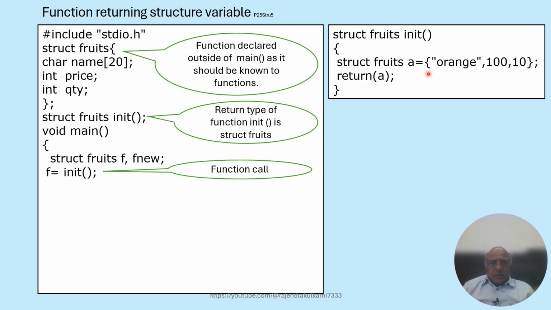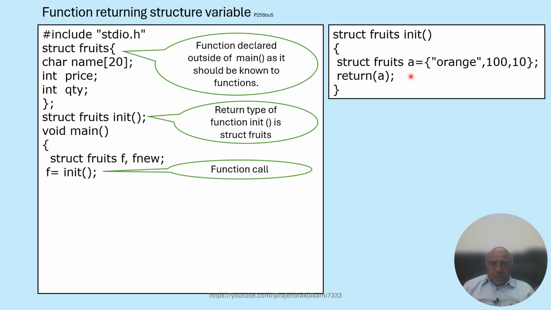What it actually means is we are initializing the structure variable named a of type struct fruits with the values. In this case, we are using orange, 100, 10. It tells us the name of the fruit is orange, price of the fruit is 100 and quantity of the fruits is 10.